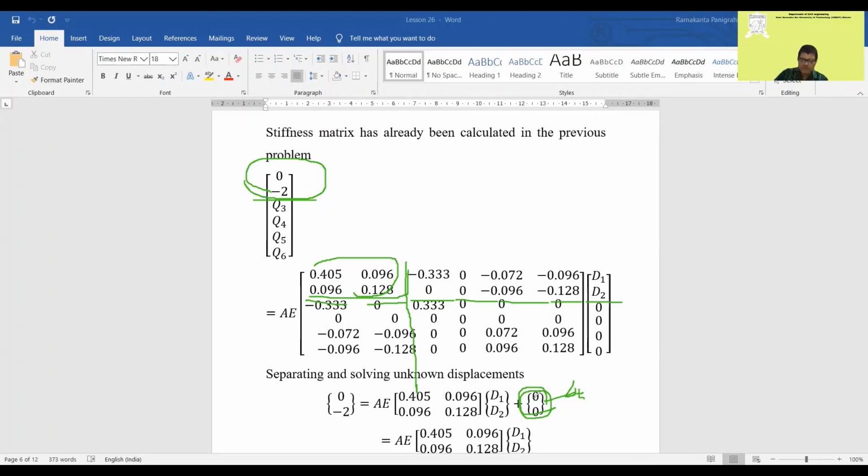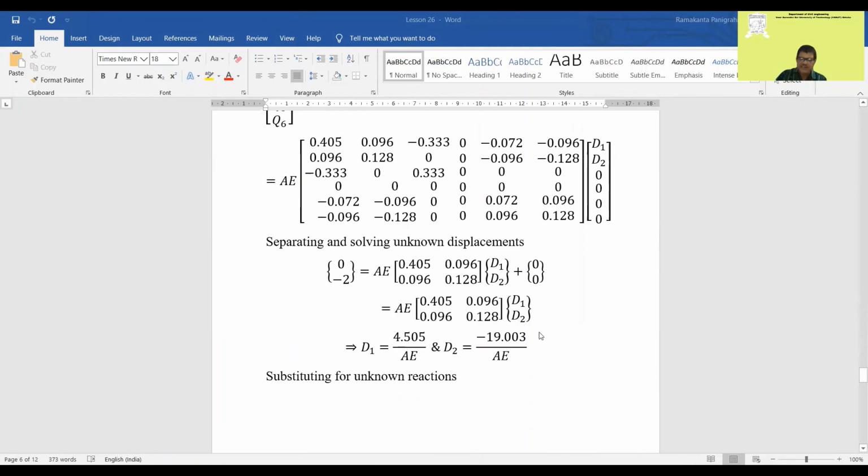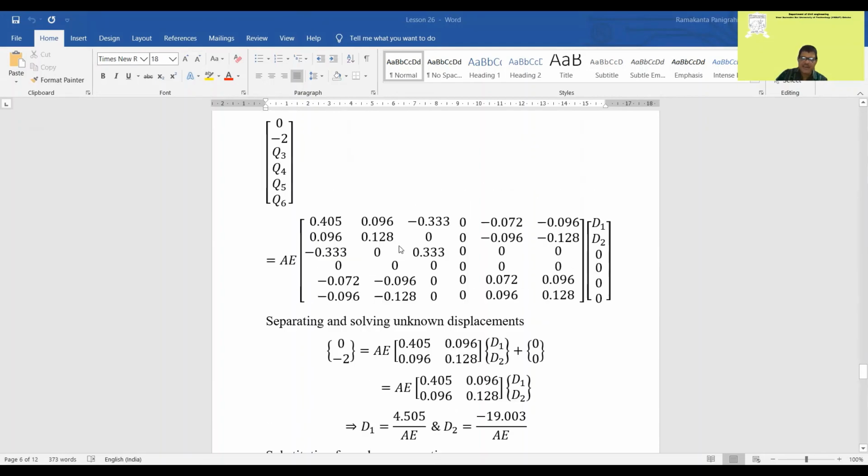So now just invert the matrix, and by inverting you can find the D1, D2 values. Getting my point? Because it is a 6 by 6 matrix with 2 unknowns, you use the method of separating the matrices, and then you can find D1, D2. Once you find D1, D2, you can find Q3, Q4, Q5, Q6.